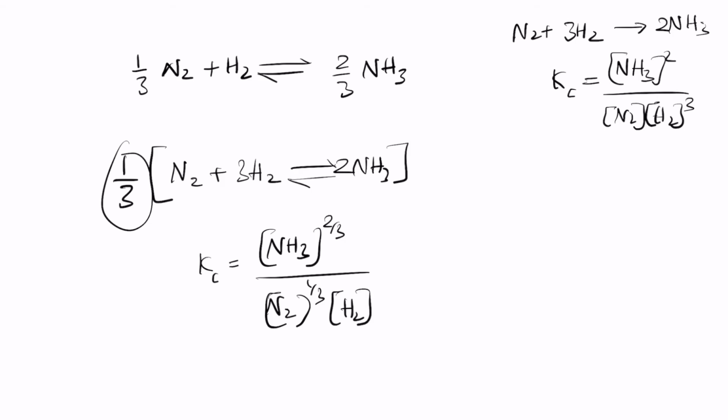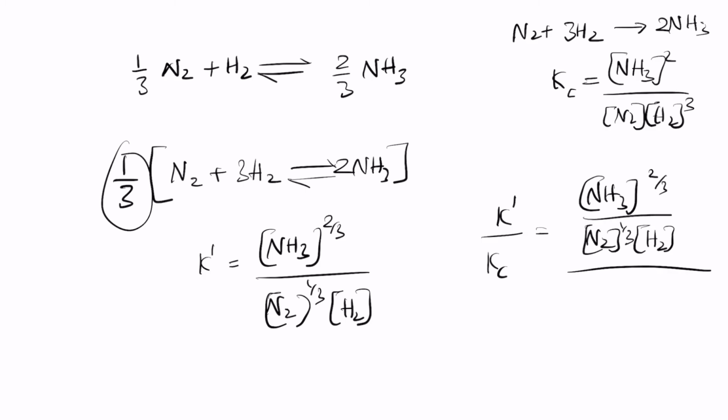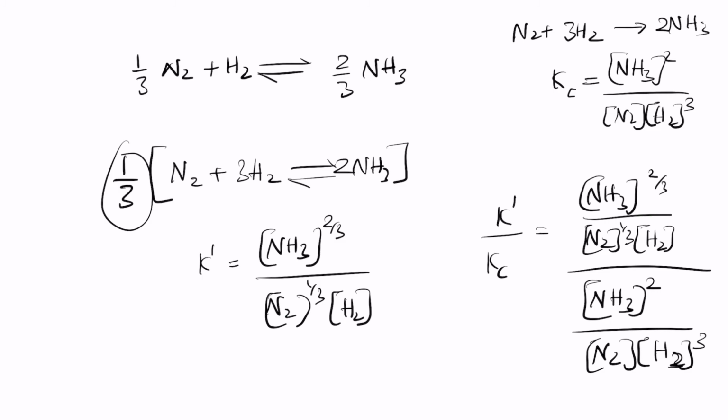times H2. Now notice that we need the K dash value. So let's try to find K dash over Kc. K dash is NH3 to the power 2 by 3 over N2 to the power 1 by 3 times H2, over NH3 square over N2 times H2 cube. Now, we know we need K dash by Kc. So notice that now we can take reciprocal values.